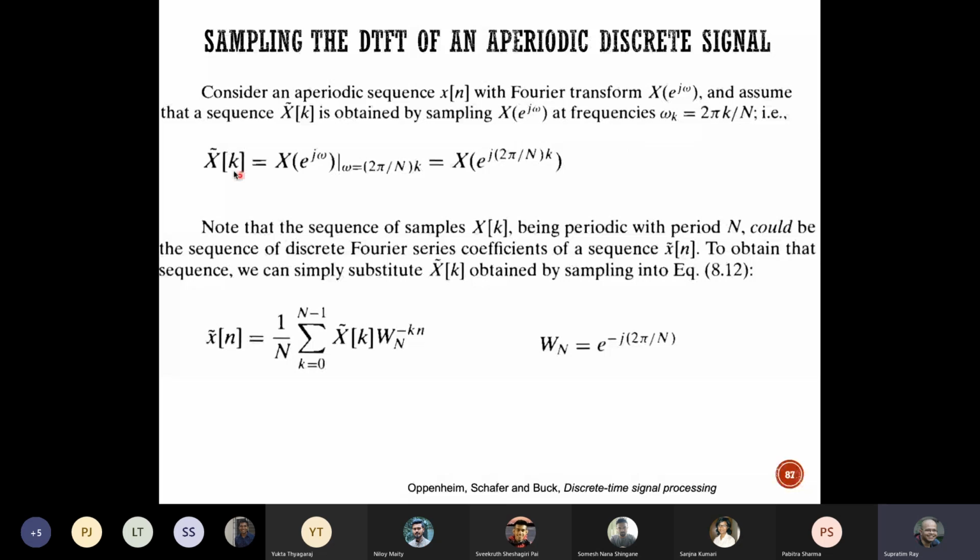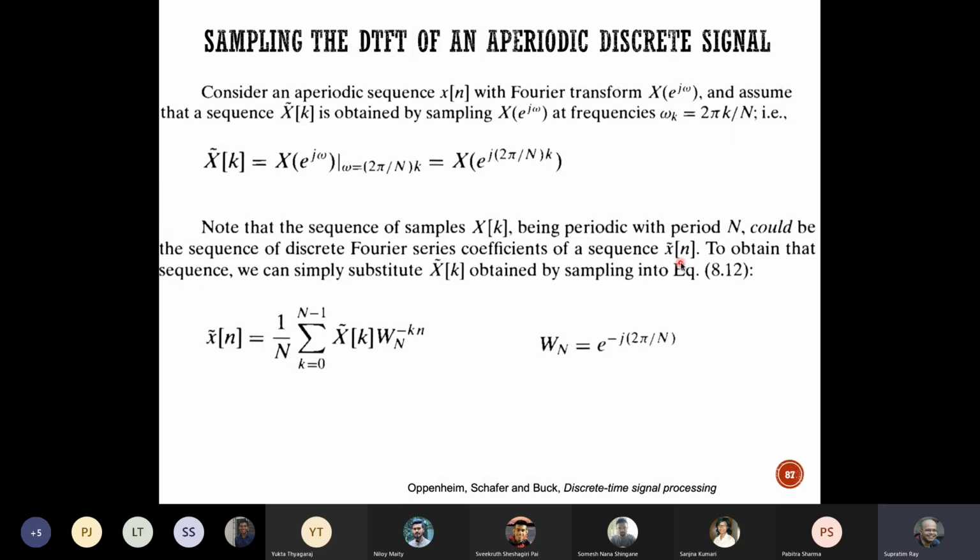So this is a periodic signal now with a period of N given by this. But because it's a periodic signal with a period of N, it could potentially be the discrete Fourier series of some periodic sequence x tilde[n].